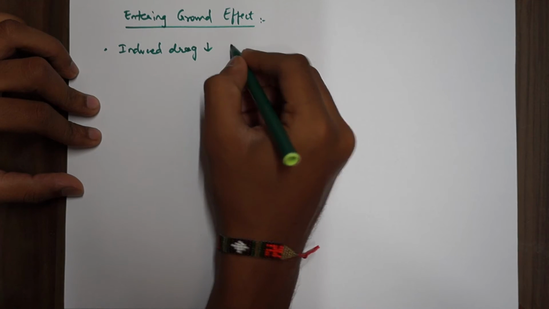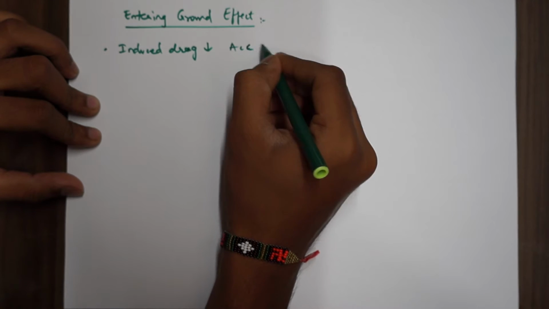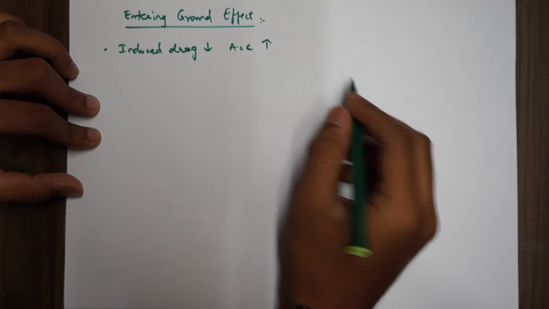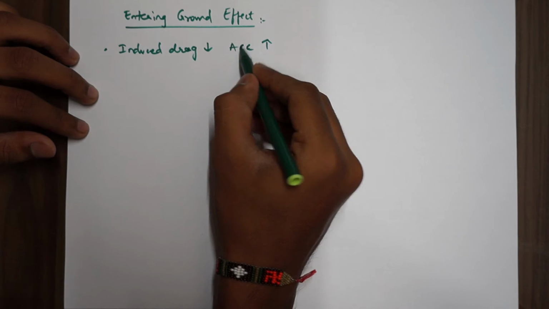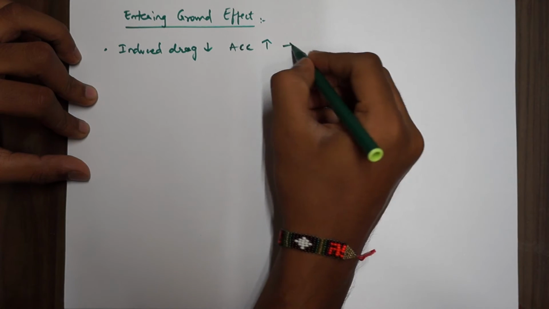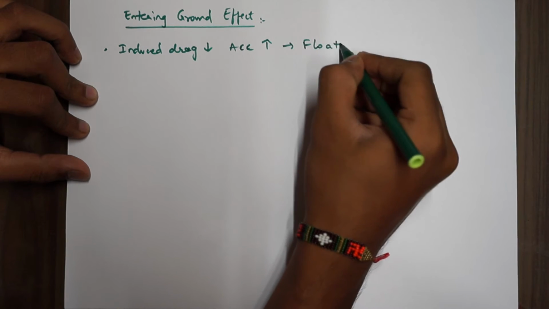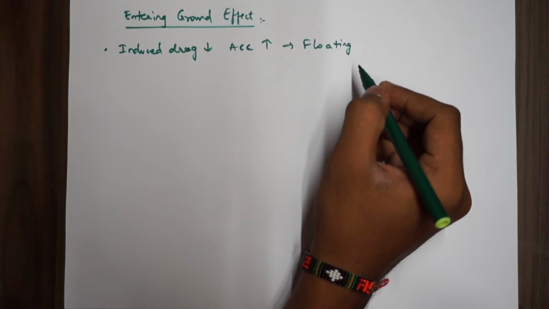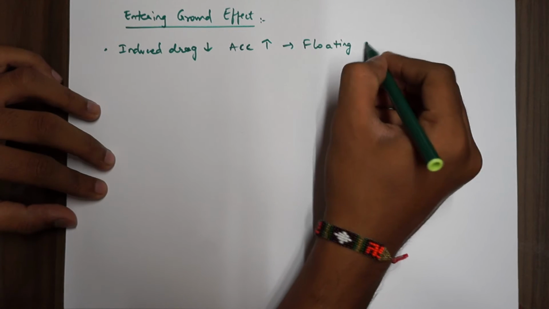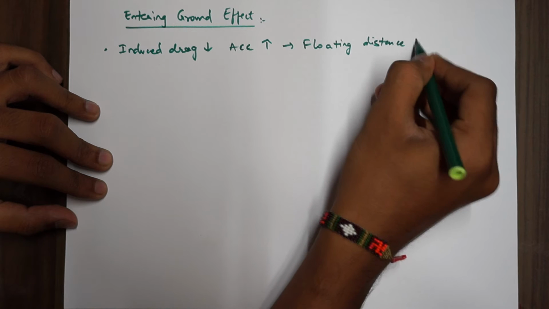Basically, if drag is reduced, your acceleration increases, and any excess speed will lead to floating, that ballooning feeling that you get. So floating distance is increased.